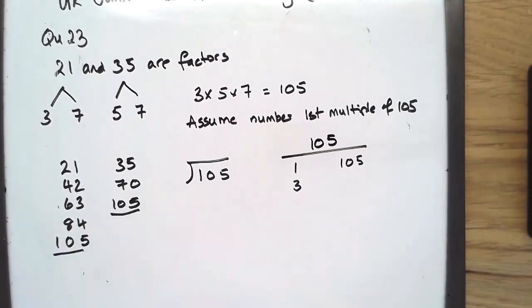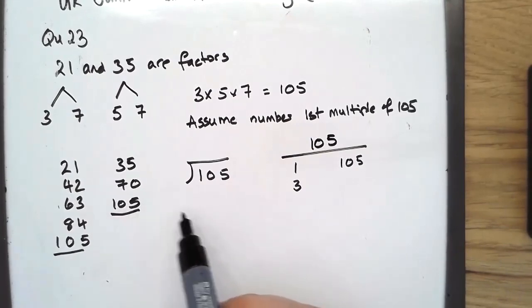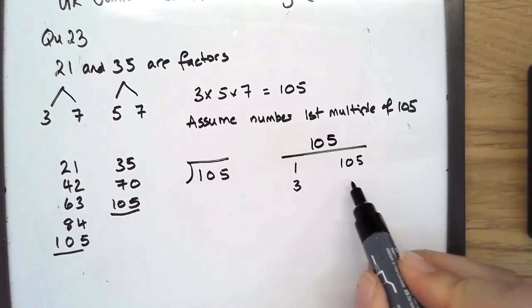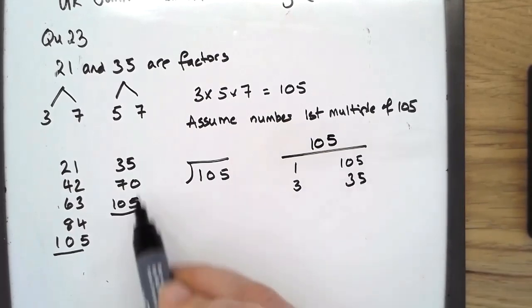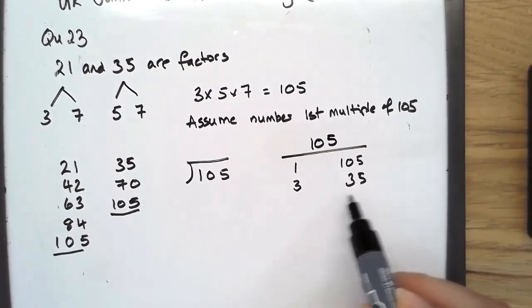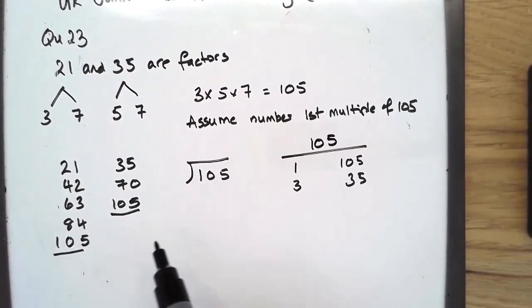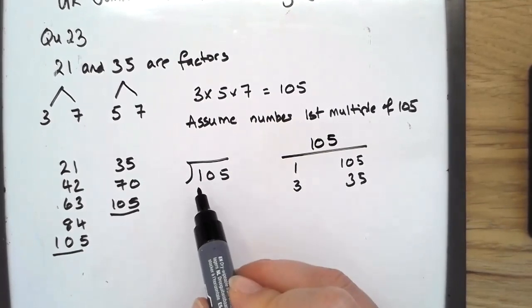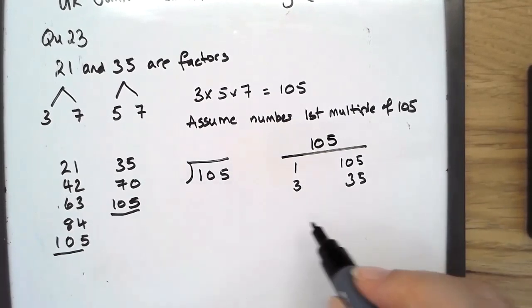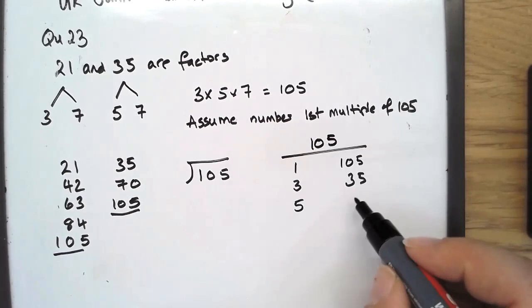First of all, though, I'm going to look at 35. And I know that 35 multiplied by 3 is 105, a factor pair. We can look at 5.